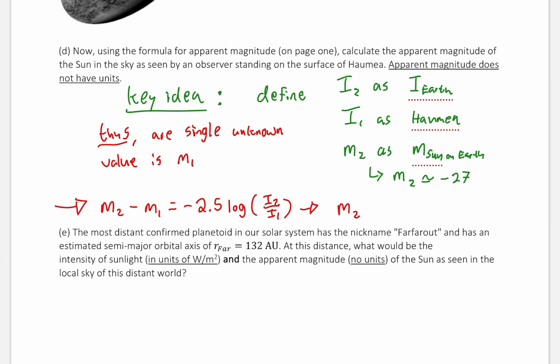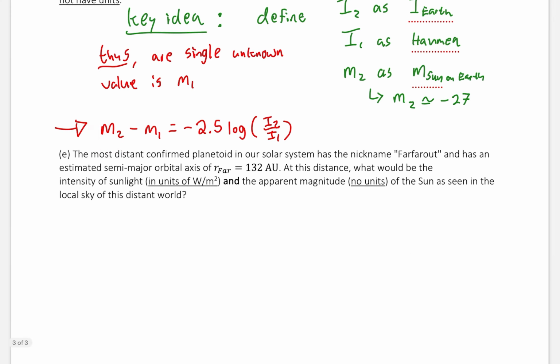There's no tricky thing about having to find the variable inside the logarithm. We're just trying to find a value that's sitting right out in front. So it literally is as simple as, well, I'll leave it up to you actually, but you just have to move everything to the other side and you're good to go. You're just going to isolate this as your unknown. All right. And then you're done. That will be your value. Remember, it doesn't have units.